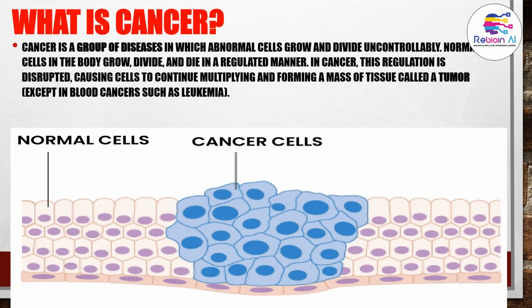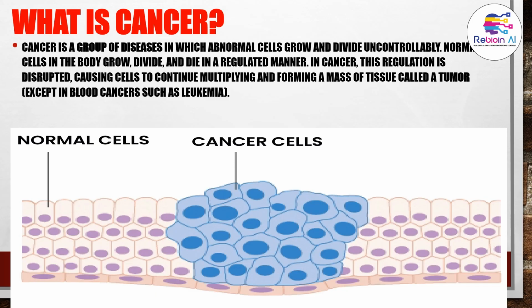As these cells increase in number, they form a mass of tissue called a tumor, except in blood cancer, such as leukemia, where cancer cells circulate in the blood instead of forming a solid tumor.